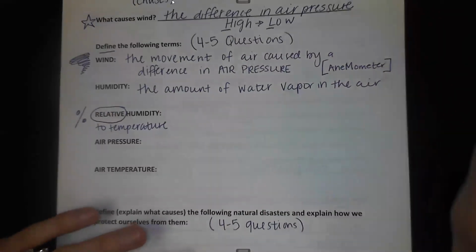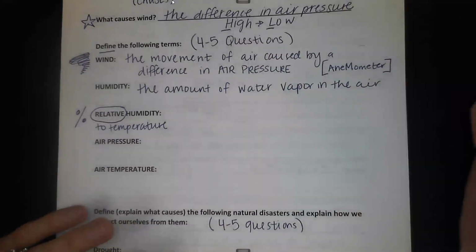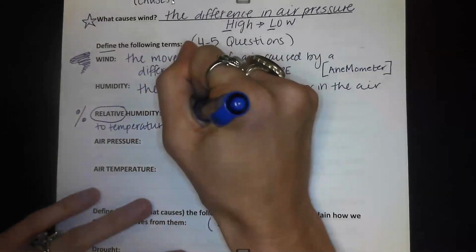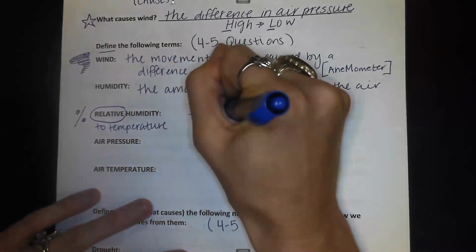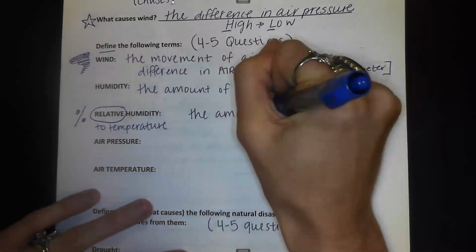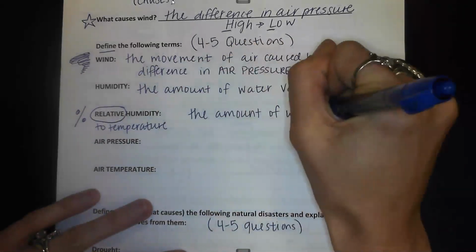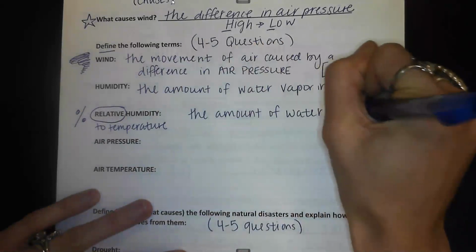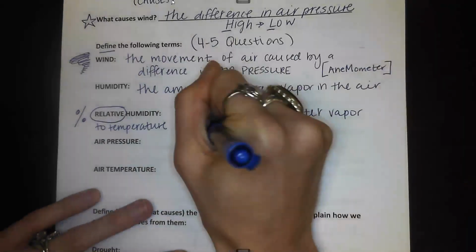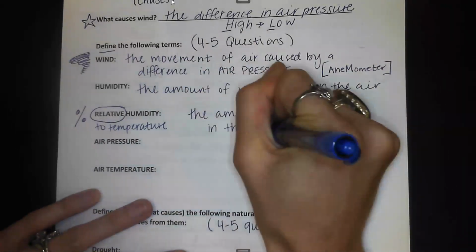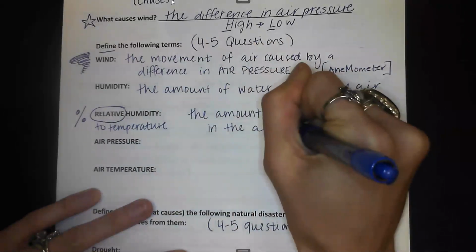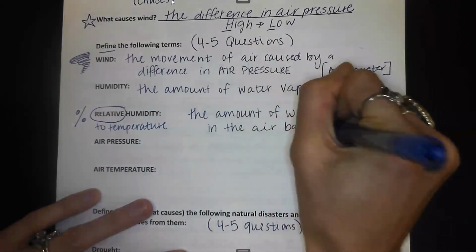This is the amount of water vapor in the air relative to, or at, a certain temperature. So the amount of water vapor in the air based on temperature.